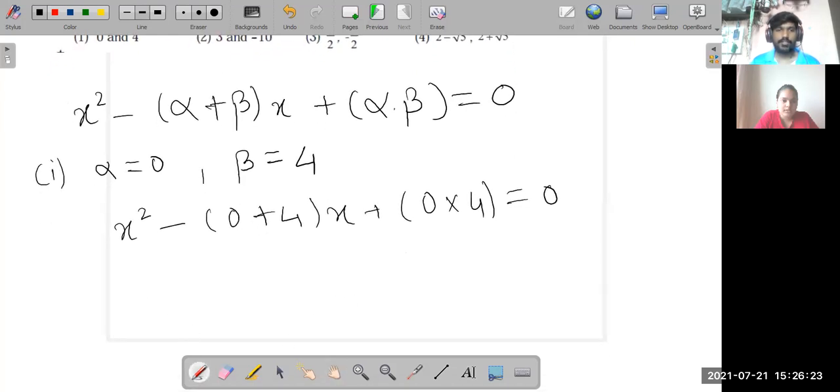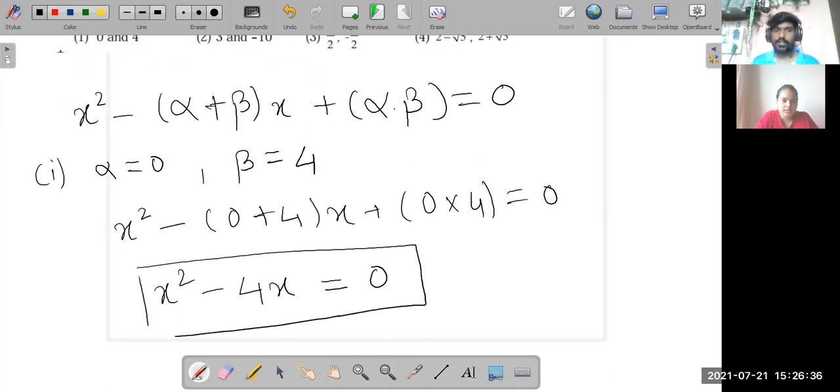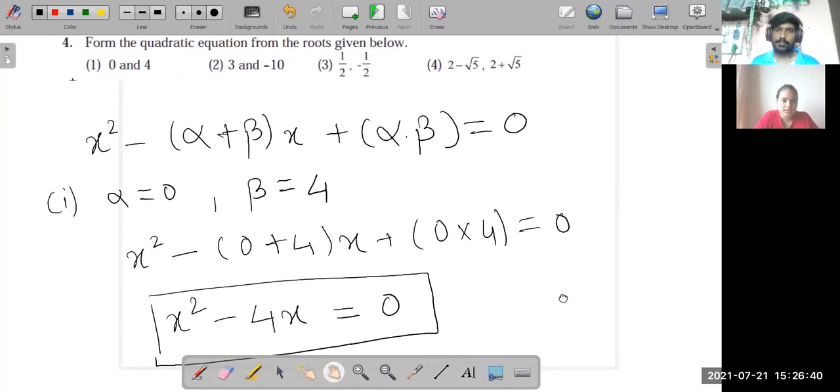So clearly you see this will become x square minus 4x, and 0 into 4 will be 0 itself. So it's okay if we don't write that, equal to 0. So this is the first quadratic equation. Is it clear? Yes. Okay, write it down and then do the second one and tell me the answer.